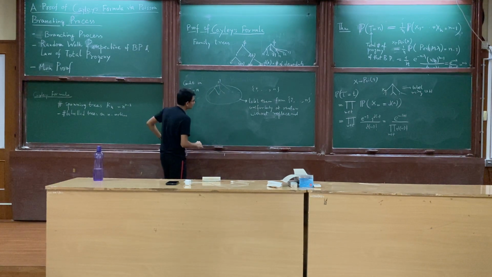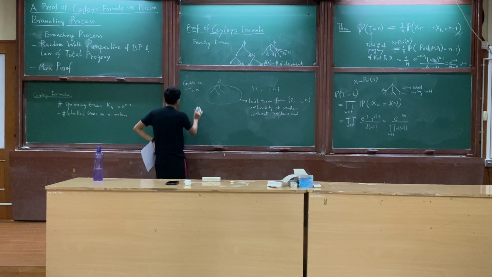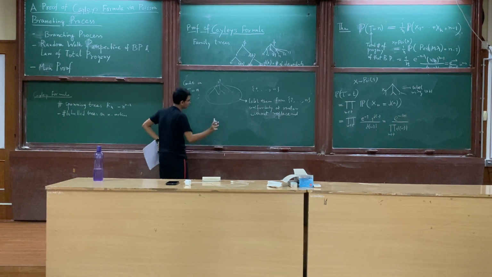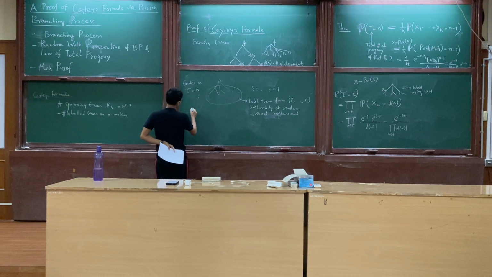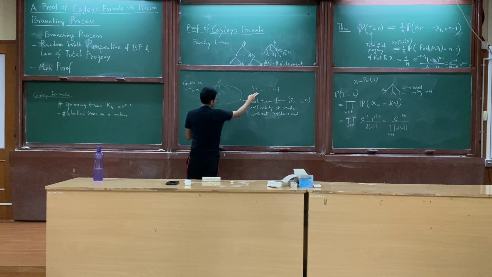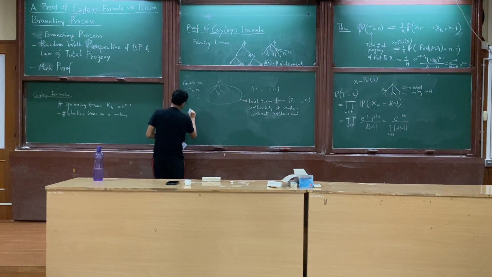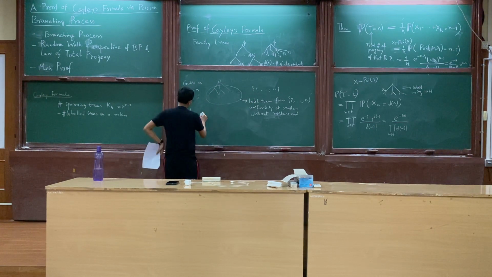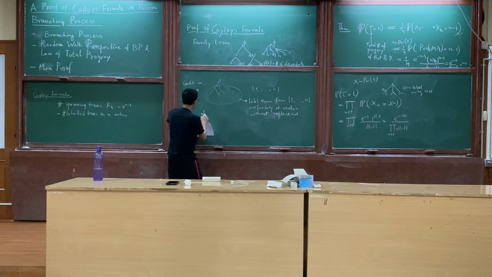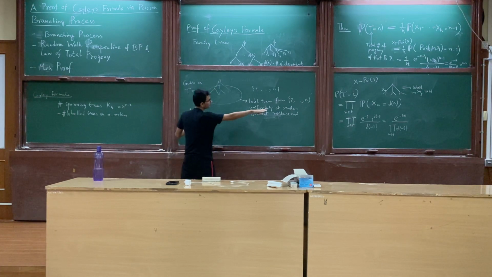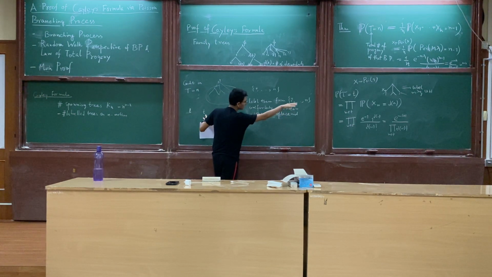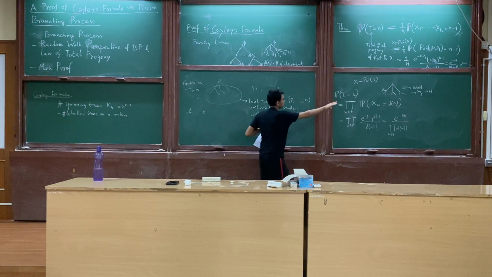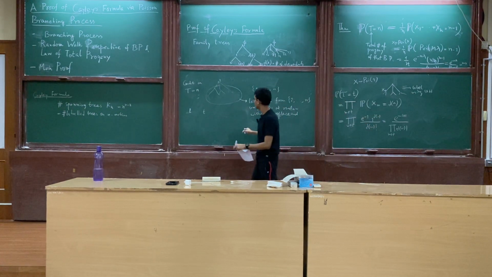Now let's say we want to condition on this and compute the probabilities. Let's say we fix a label L, and consider the family tree, that means the labeling using the Ulam-Harris representation of a tree.